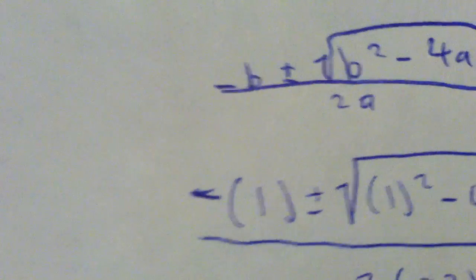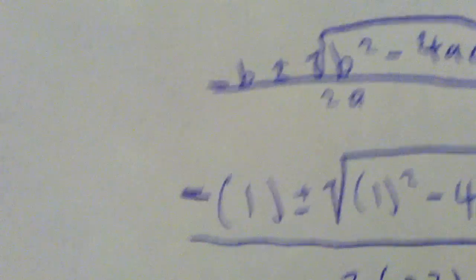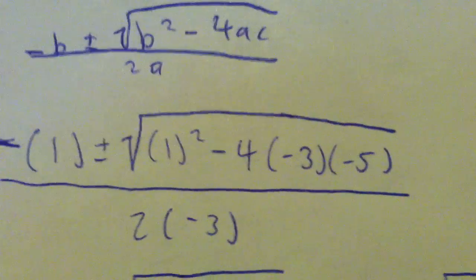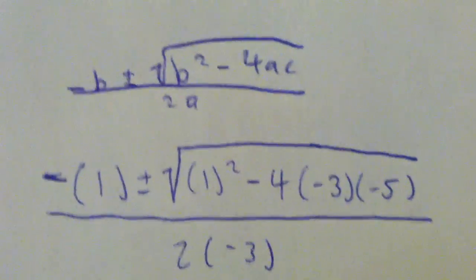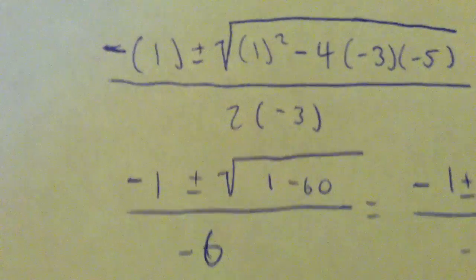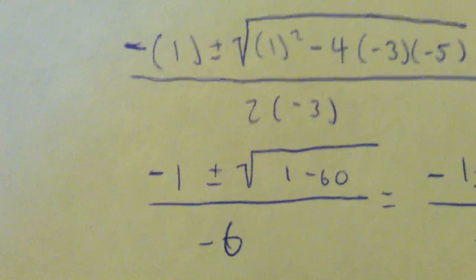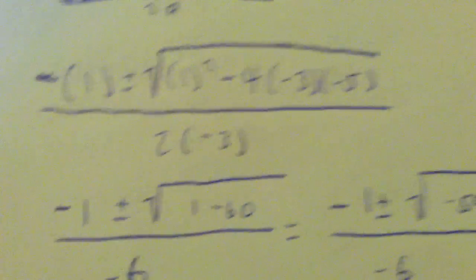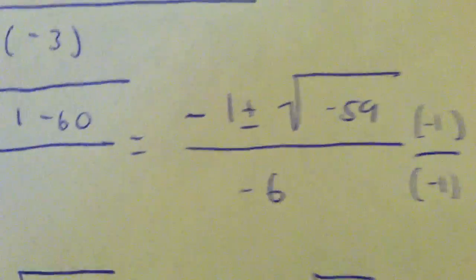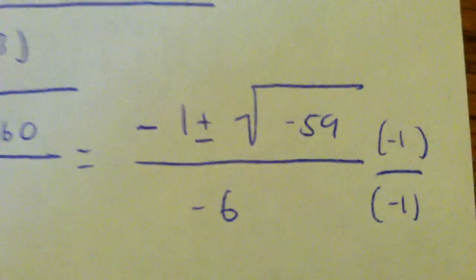So just plug in the numbers like that. So I reduced it right here, which is -1 plus or minus radical 1 minus 60 over -6. And so that equals that.